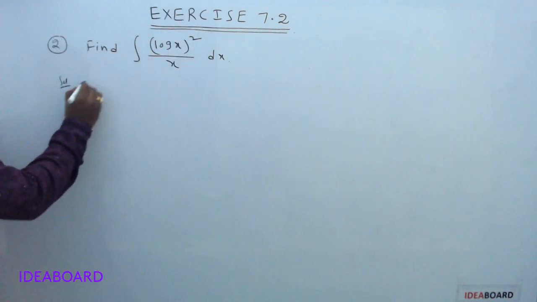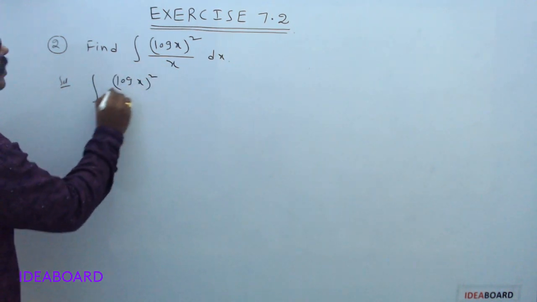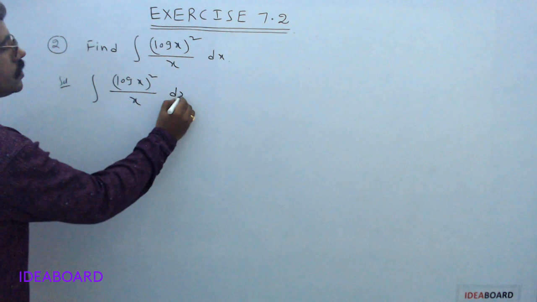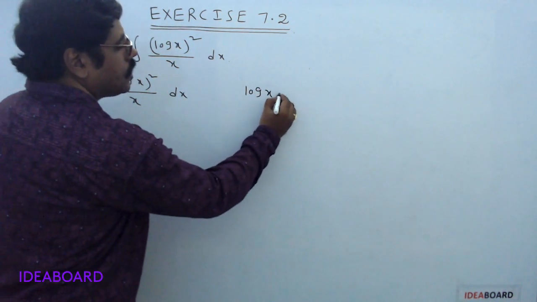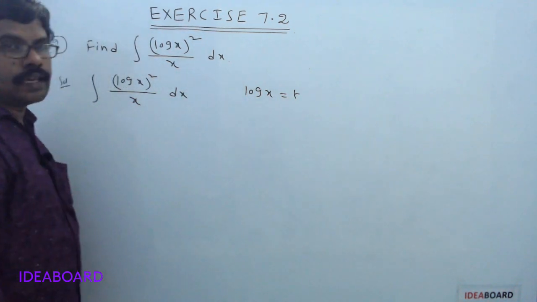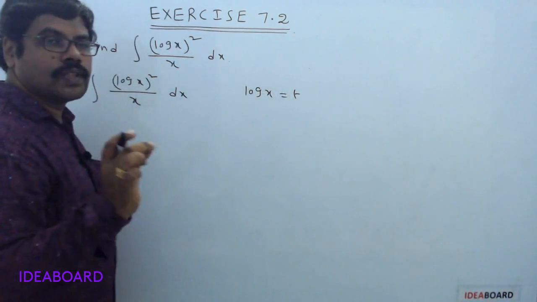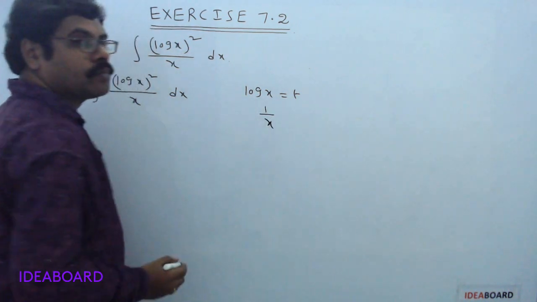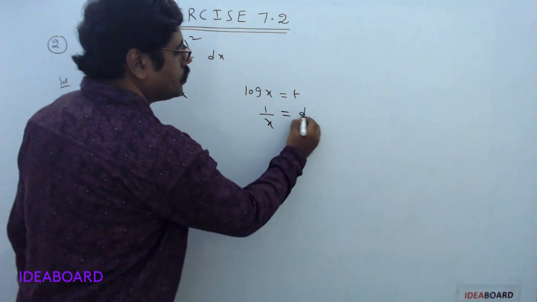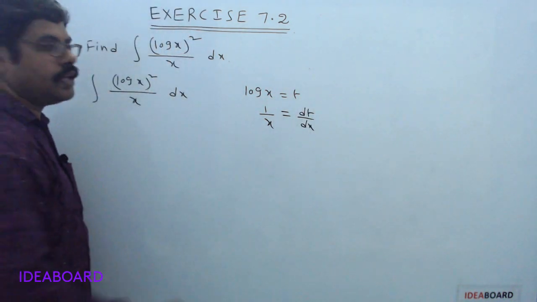Come to the solution. Integral (log x) whole square divided by x dx. Take the substitution log x equals t. Differentiate this equation on both sides with respect to x. So log x derivative is 1 by x, this equals derivative of t with respect to x, which is dt by dx.